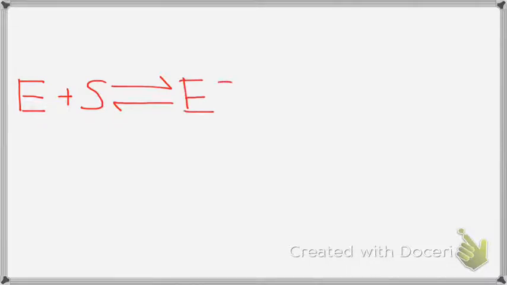In a simple case, we have an enzyme plus a substrate, and they have to bind. Typically, binding is reversible, not always, but typically. That's why we have it going frontwards and backwards. And you make what's called the ES complex. This also has a special term. It's called the Catalase complex sometimes.